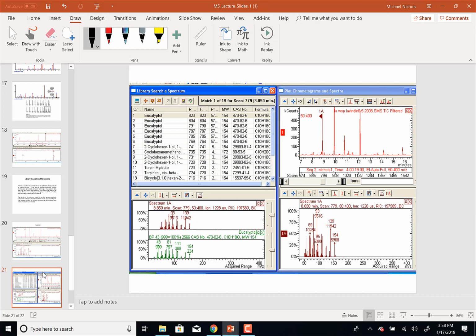What information are we going to get from this? Number one, we can get the molecular weight. That's pretty good. Number two, we're going to look at the fragmentations of each of the molecules next week. The idea is that when you break up the radical cation, you get a cation and a radical for each one.